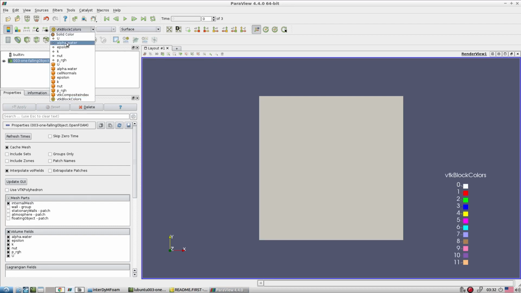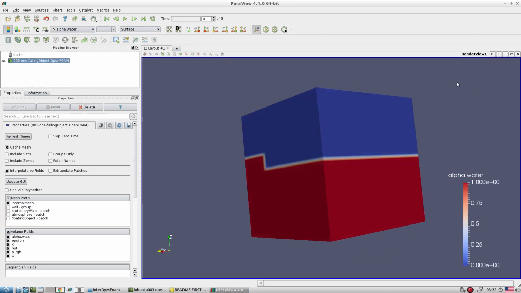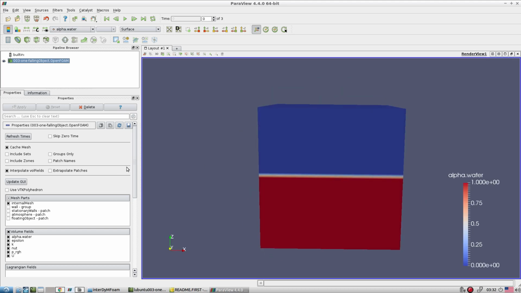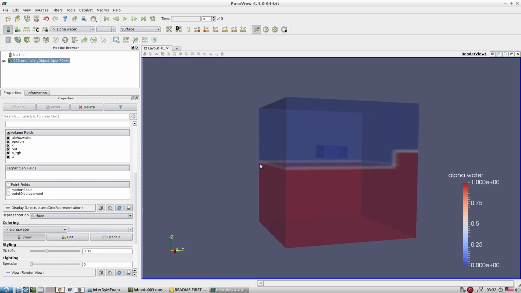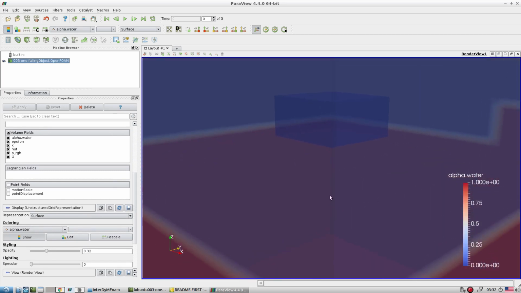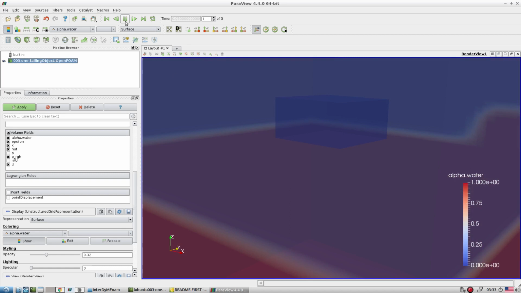Let's look at the alpha, and then let me make it opaque so that we will be able to see what is happening inside. Now we will release this particular object. So it tries to go inside.